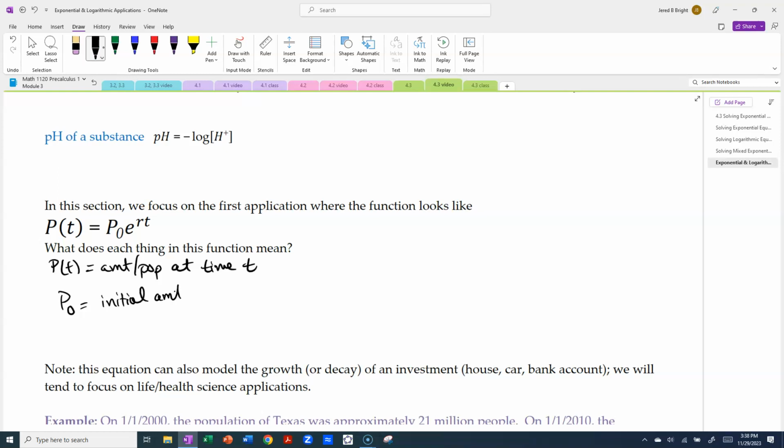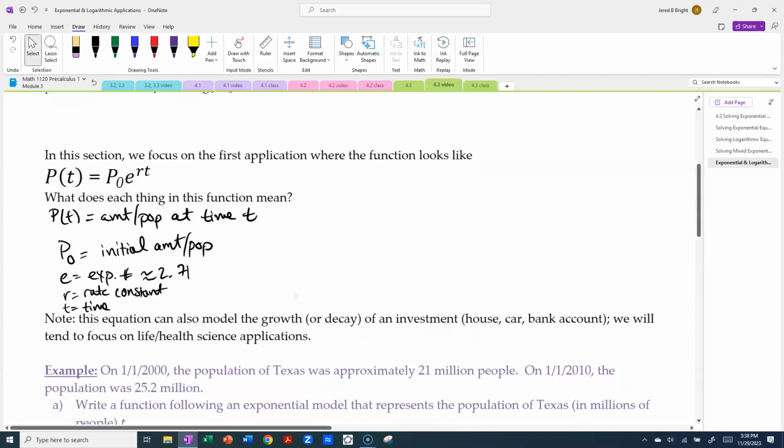E is your exponential number, approximately 2.71. You could find E on your calculator. It should be a second feature right above natural log, approximately 2.71. And then R is your rate constant. Most of the time we're going to have to find this, and then T is just a variable, but it's going to be time, okay?